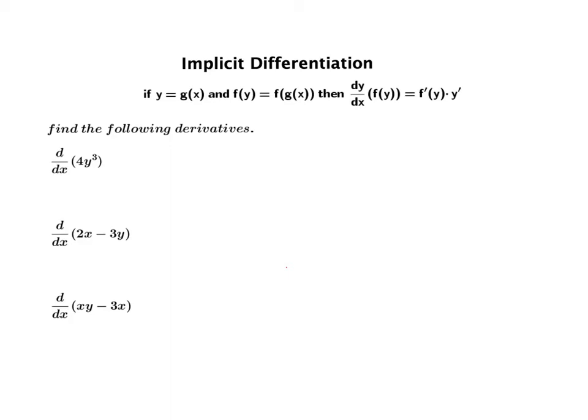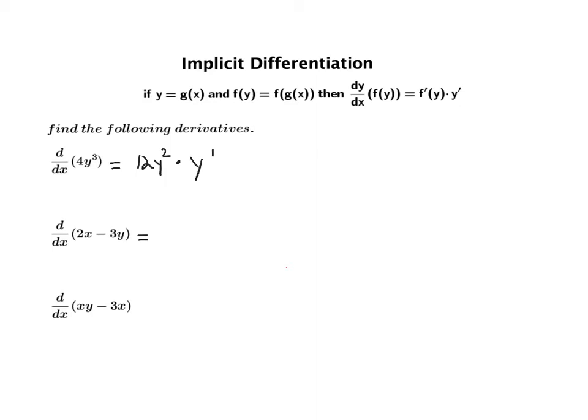The first one, the derivative with respect to x of 4y cubed. The derivative of the outer function is going to be 12y squared, and then the derivative of the inner function y is y prime. In this next one, the derivative with respect to x of 2x minus 3y.